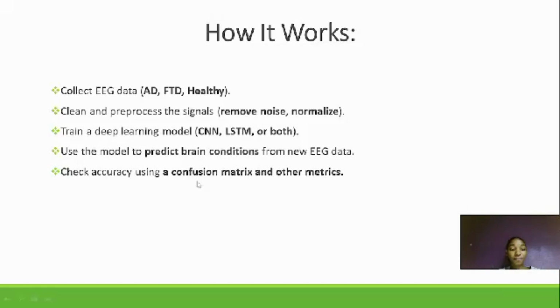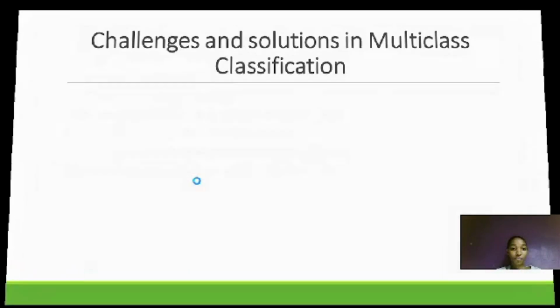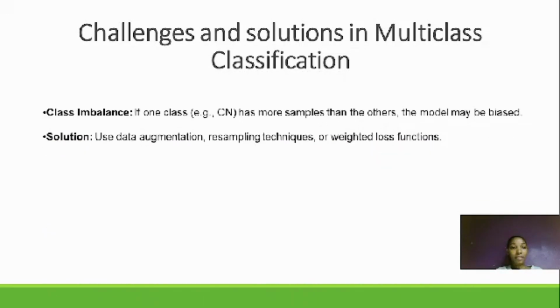And then the challenges that we face during multi-class classification, there is class imbalance. This happens when different classes have different numbers of samples. Some classes may have a very high number of samples, and the others may have a very low number.